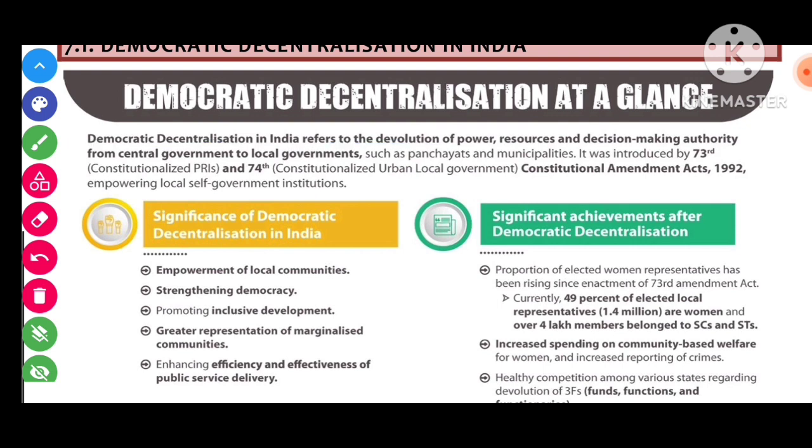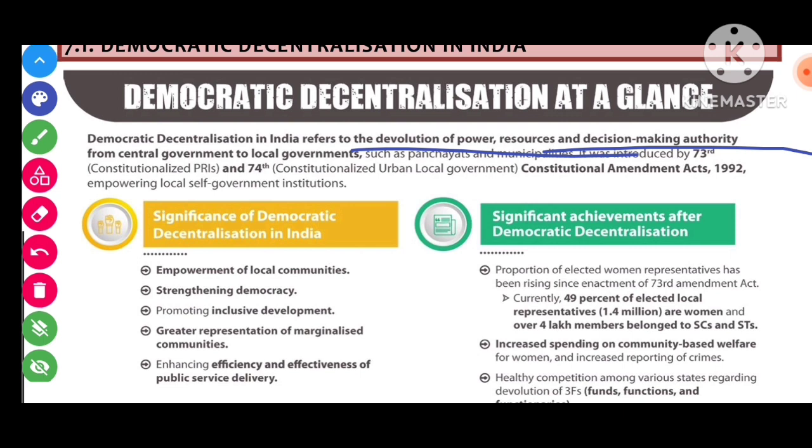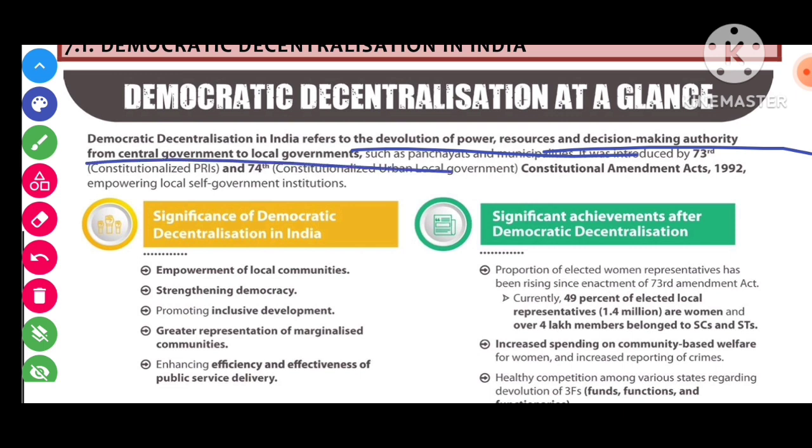It refers to the devolution of power, resources, and decision making authority from the central government to local government under the 11th and 12th Schedules of the Constitution. And this democratic decentralization was introduced by the 73rd Amendment for Panchayats and the 74th for municipal corporations.